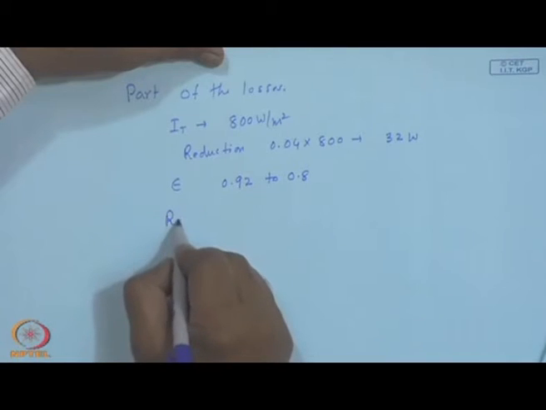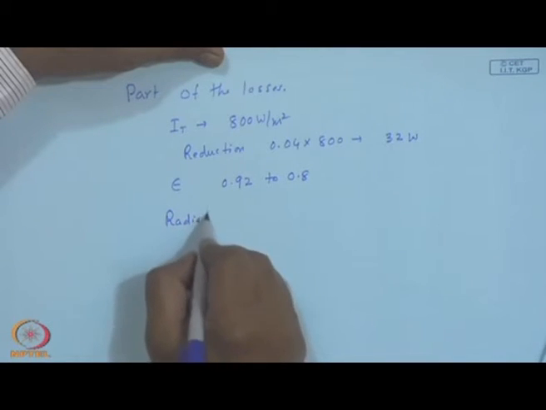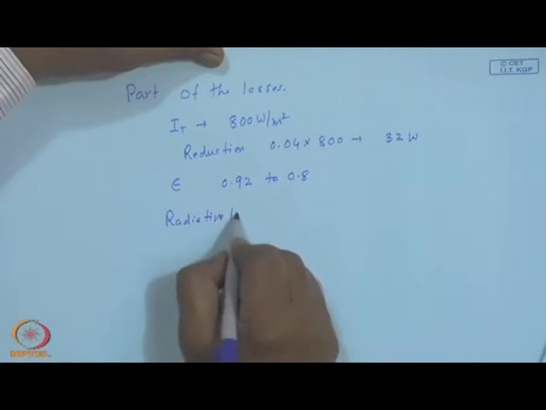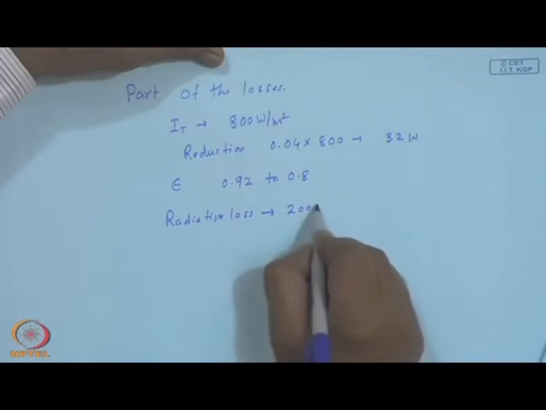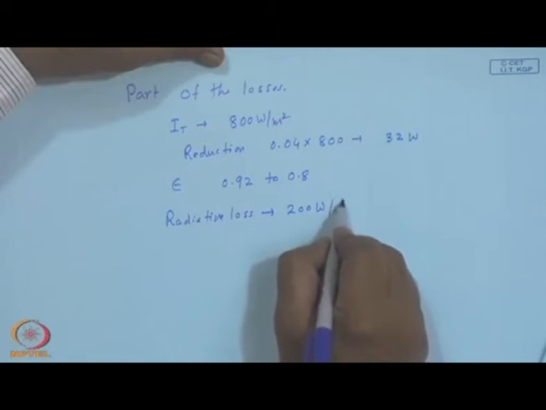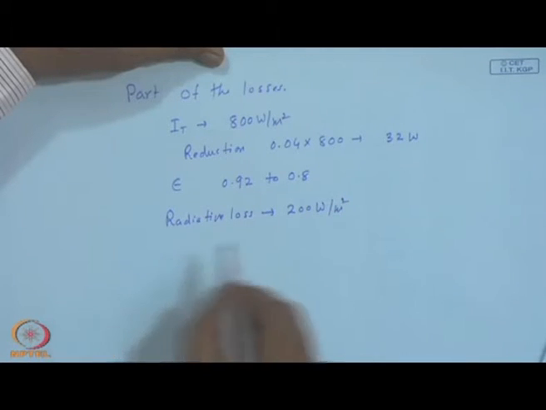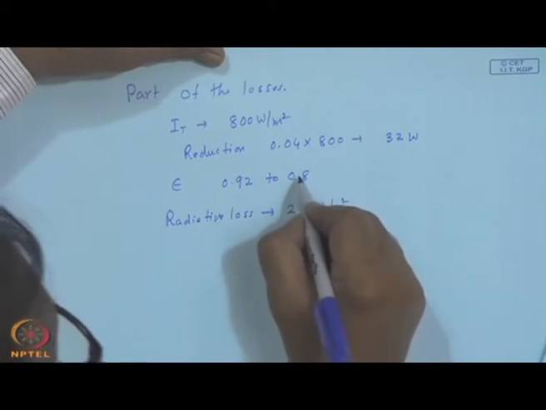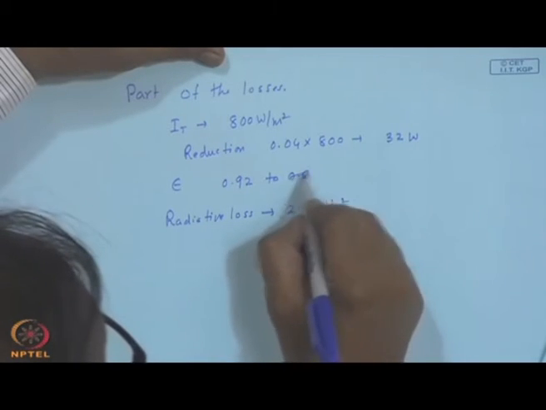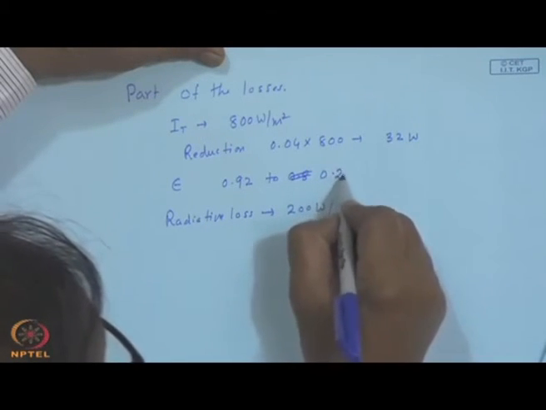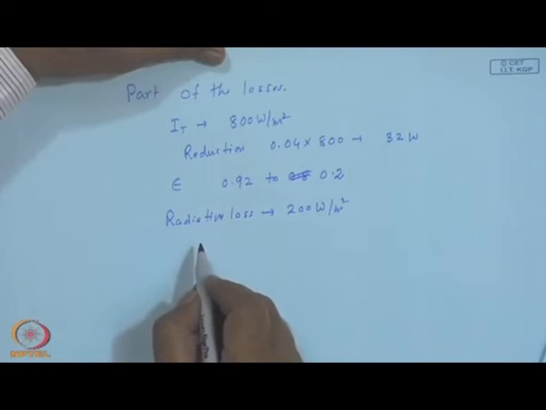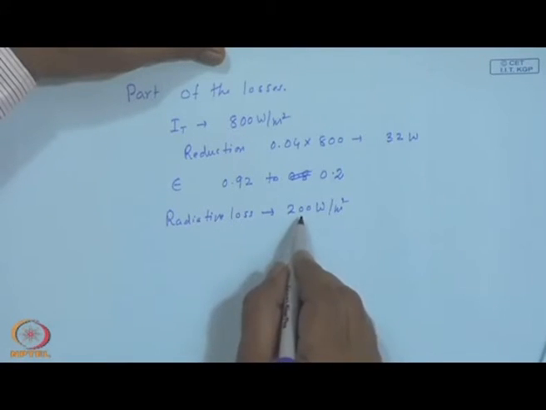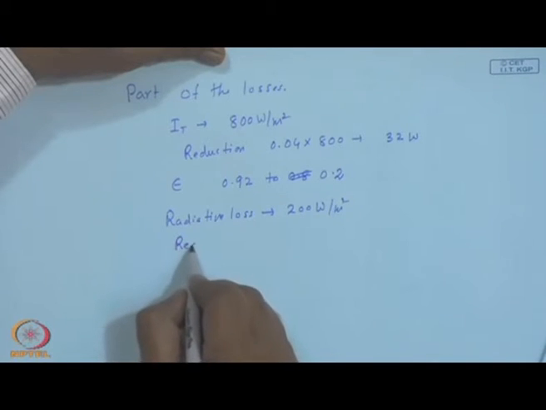Originally, radiative loss is, let us say, 200 watts per meter square. Then this is 0.9, 0.2. So, it is about 70% reduction of this.